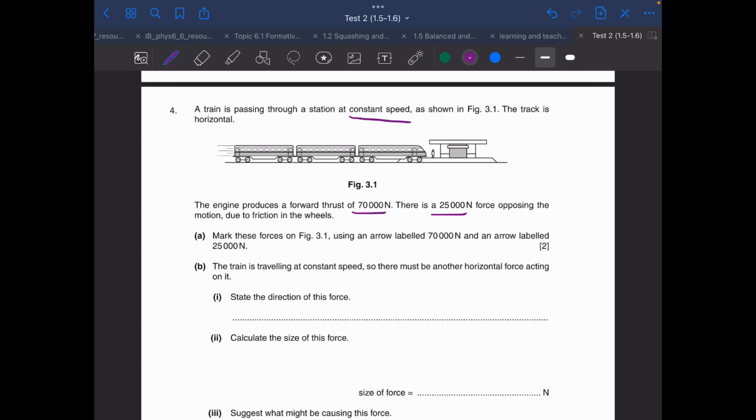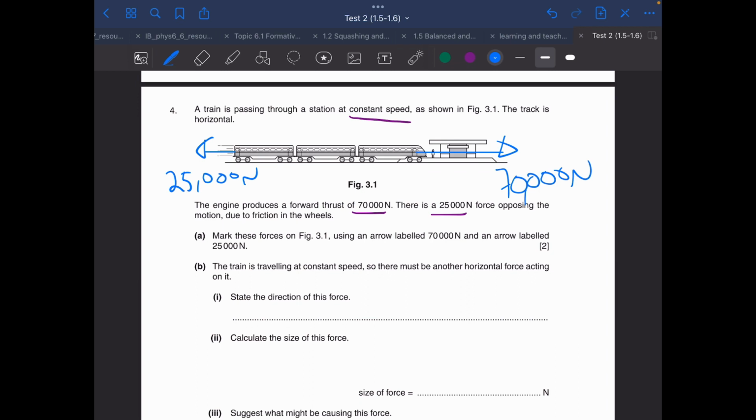So if the front of the train is here, thrust is the forward force. So this would be my 70,000 newtons force, and the resistance force is 25,000 newtons. I'm going to draw a smaller arrow because this is smaller. 25,000 newtons is the resistive force.